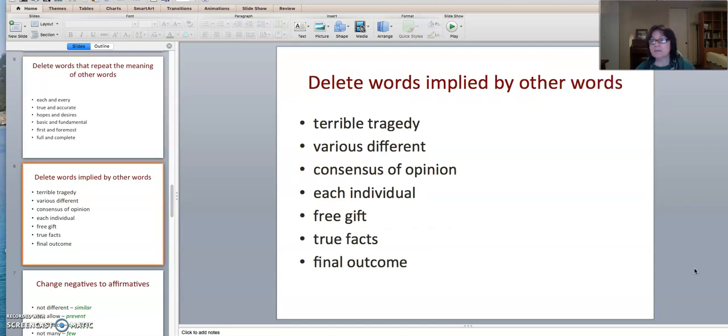Delete words implied by other words. It's another strategy. Have you ever heard of a happy tragedy? So "terrible tragedy" is redundant, "various, different." "Consensus of opinion." Well, consensus means that people have agreed, that the opinion is agreed upon, so you don't need to repeat "opinion," and so forth.